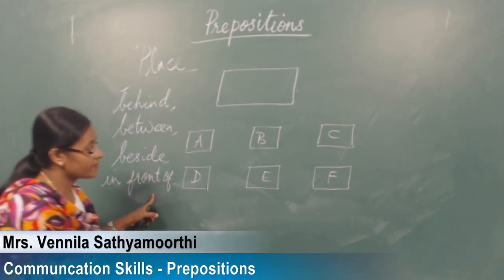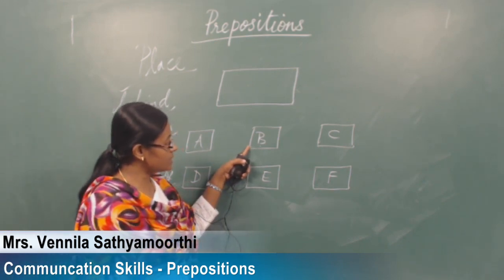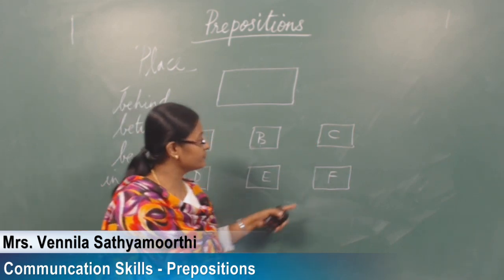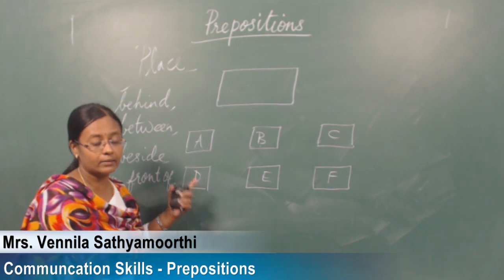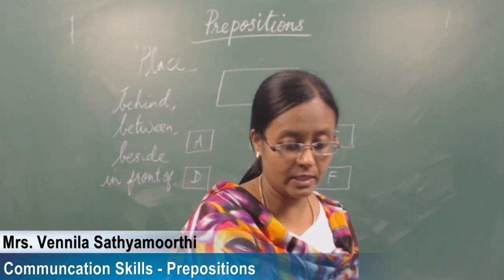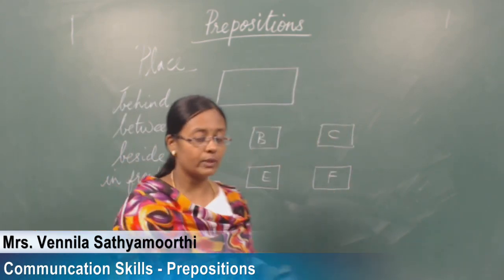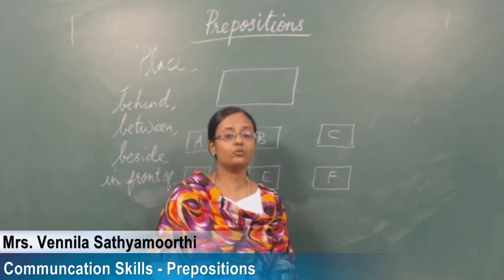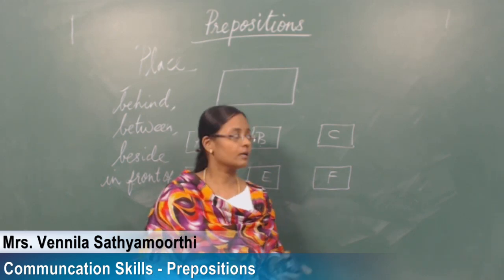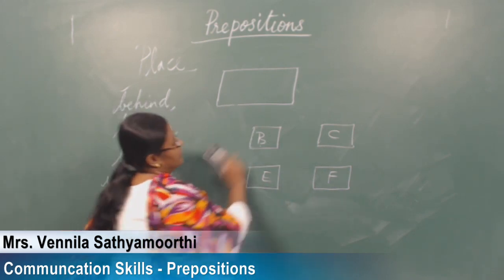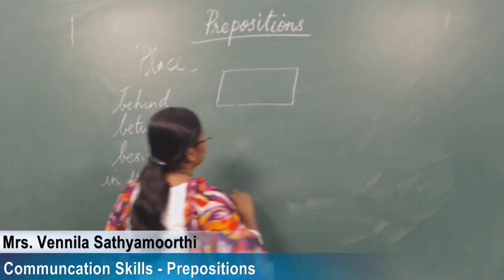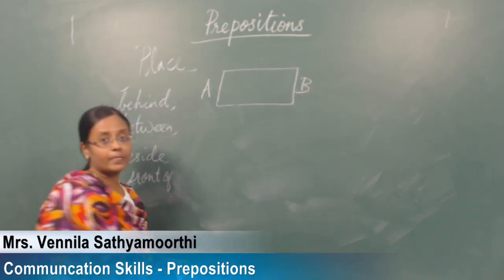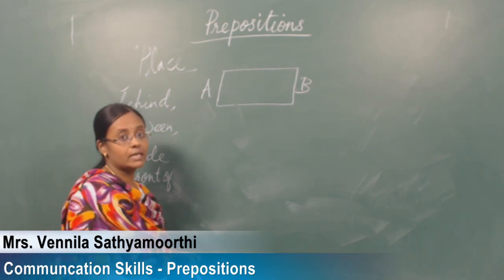In front of: B is sitting in front of E, C is sitting in front of F, just the opposite of behind, right? But when you sit at a coffee table or a study table, when you face each other, we don't say in front of, instead we say opposite. See? Now if this is a table and two people are sitting here facing each other, how do we say that?